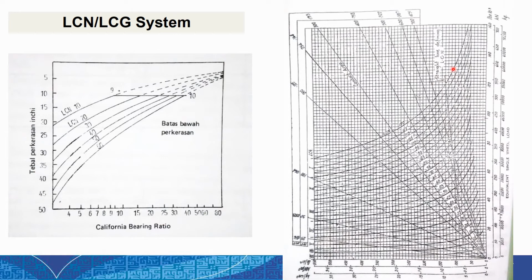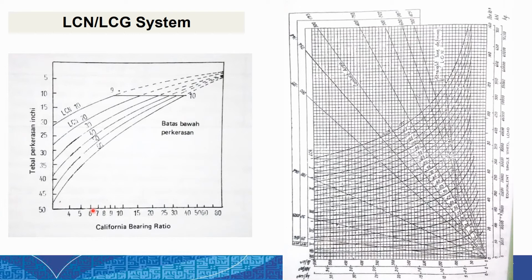After we know the LCN number or LCN value based on the equivalent single wheel load and the tire pressure, we use these charts. These charts require the CBR. So this is the CBR, and this is the LCN, which we already know from the previous chart.